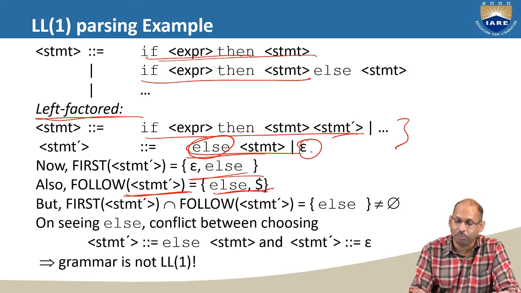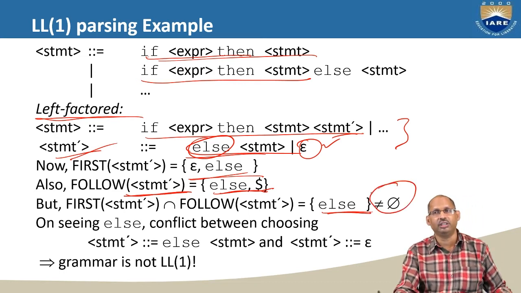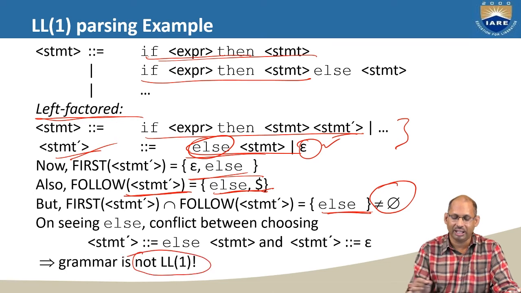Now if one production is epsilon, then we have to consider the first of this one and the follow of this one. Which results in a common part. It is not phi, it is not an empty set. Simply we say that the grammar is not LL1.